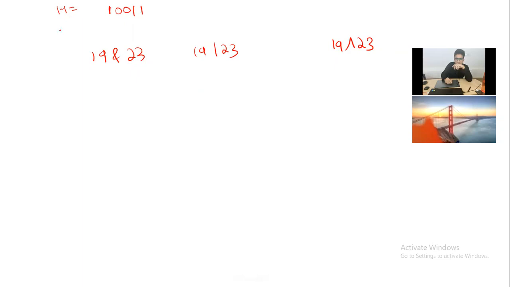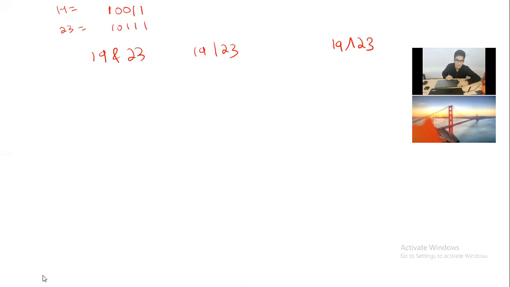Binary value of 23, right? 23 binary value will be, yes, 5, 10, 20, and 3, so this should be 23. So these two are our numbers. Now let's do the AND operator here.